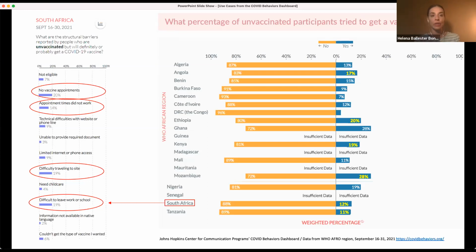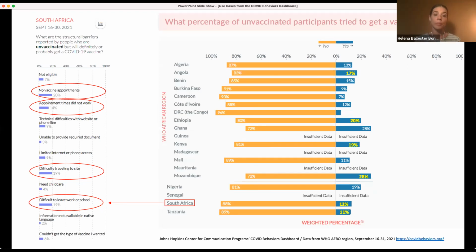So when you have a narrative saying that the problem is hesitancy, but actually you see, for example, in South Africa, that 12% of the people tried to get the vaccine but were not able to, then you start programming differently, correct? And we triangulated this with the other information on what were the structural barriers reported by those who were unvaccinated.